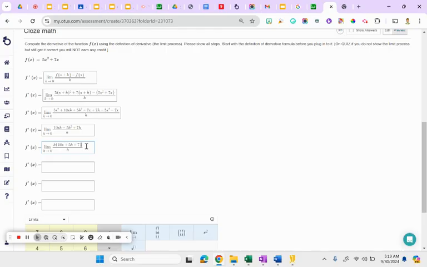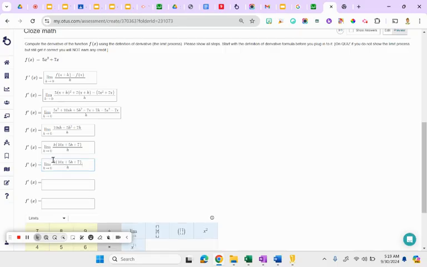And then make sure you close your parentheses. I'm going to copy it again. Now I'm going to cancel this h and this h, which means I'm getting rid of my fraction. I'm going to get rid of the h, and I'm going to leave my parentheses in.